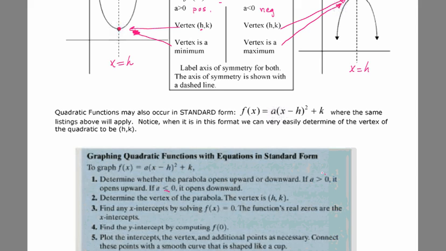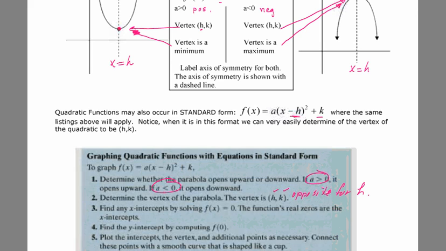If a is greater than 0, it opens up. So same thing applies. Now this one, we can automatically grab the vertex as h comma k. There is h, there is k. Your vertex just drops out as h and k. But we've got to remember to do the opposite sign for h.